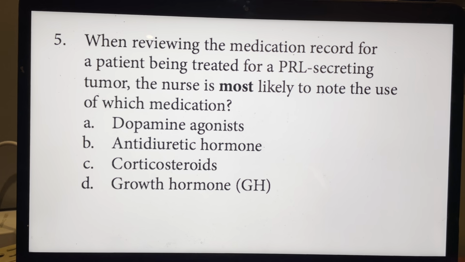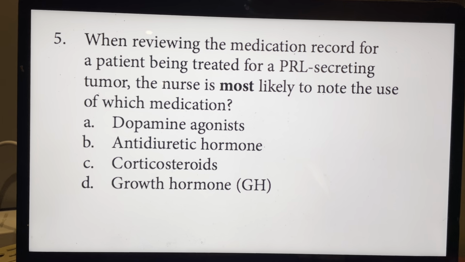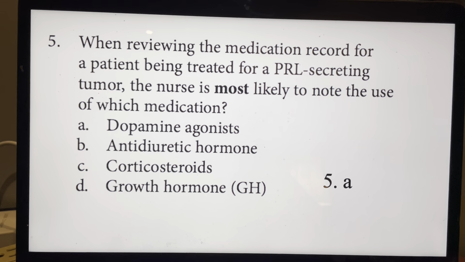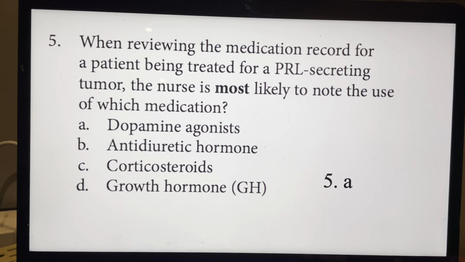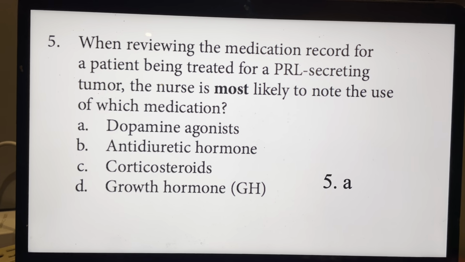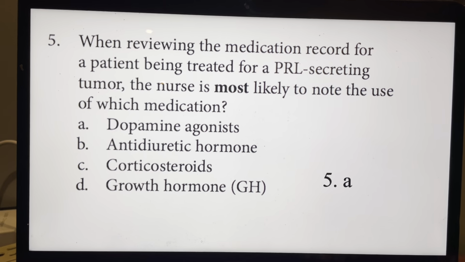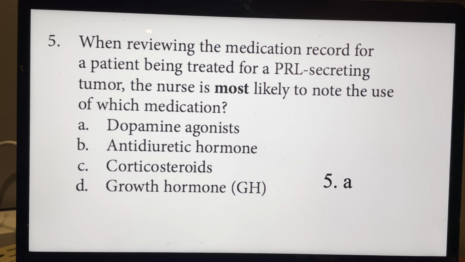Dopamine agonist, antidiuretic hormone, corticosteroids, or growth hormone? You guys are answering? A, dopamine agonist. I should have looked that up before I did this, but write it down and look it up. This will help you. It'll be a scavenger hunt.